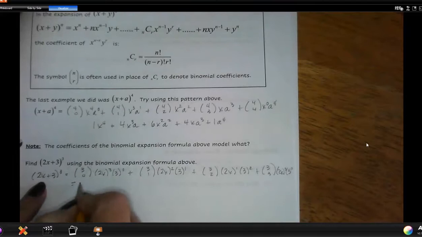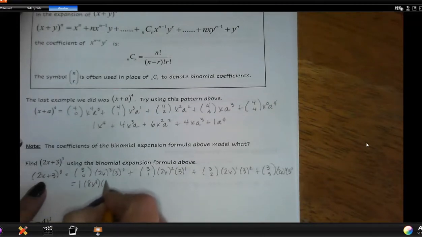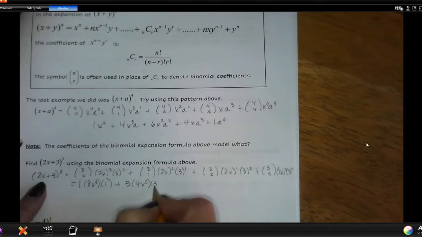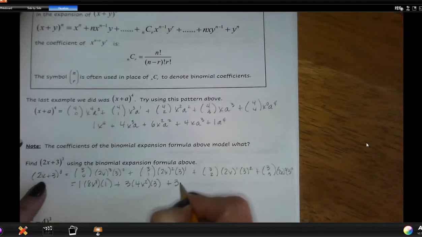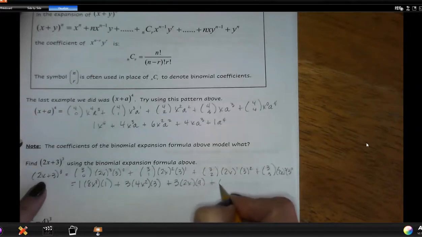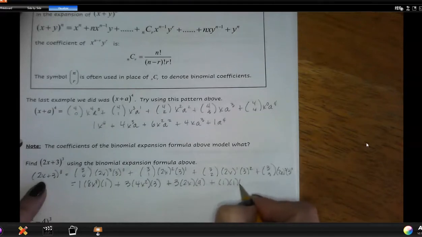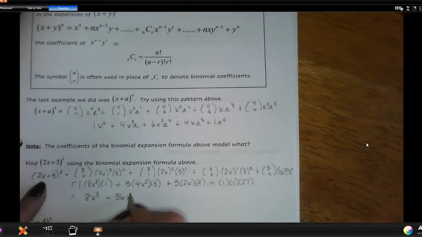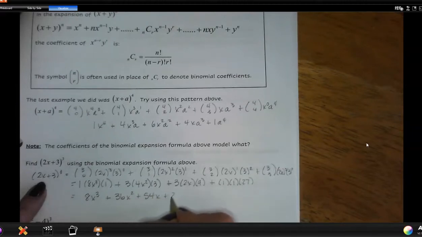So 1 times 8x cubed times 1, plus 3 times 4x squared times 3, plus 3 again times 2x times 9, and then 1 times 1 times 27. So this would come out 8x cubed plus 36x squared plus 54x plus 27.